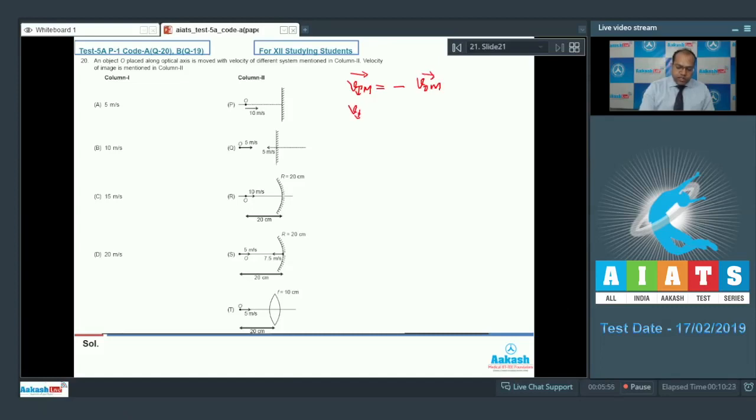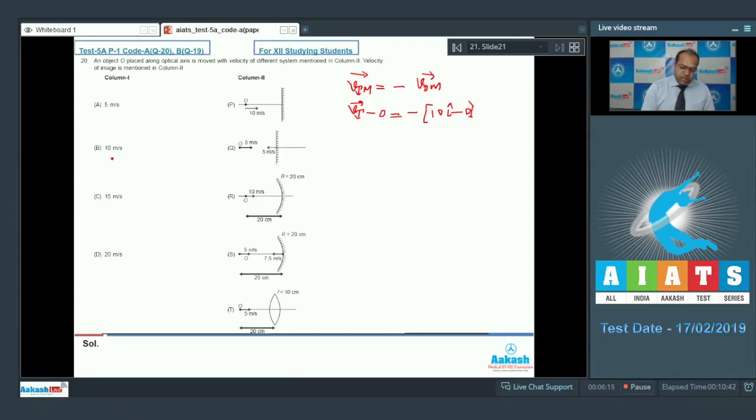So velocity of image minus velocity of mirror, in this case 0, is equal to minus velocity of object, 10 I cap, minus 0. So from here the velocity of image comes out to be 10 into minus I cap. So the correct matching will be 10 meter per second.